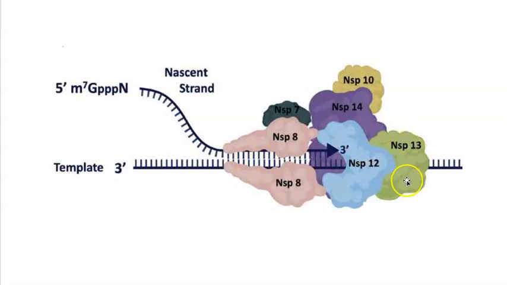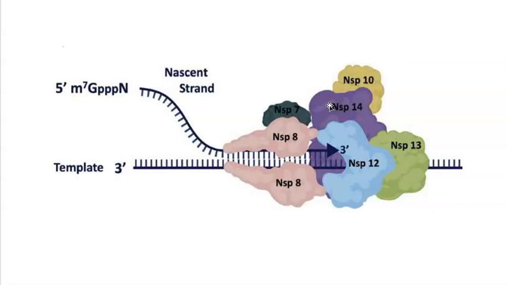In addition, there's a helicase which helps unwind so that the polymerase can read through and create the copy strand. The other thing that's present is NSP14. NSP14 is a proofreading enzyme that has 3' to 5' exonuclease activity, so it actually minimizes the mistakes that SARS-CoV-2 makes.